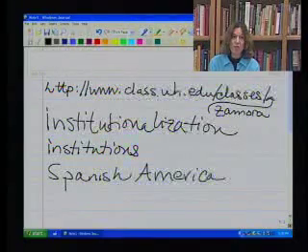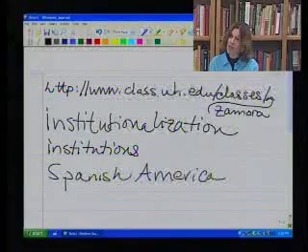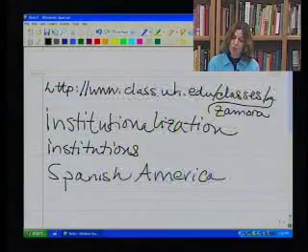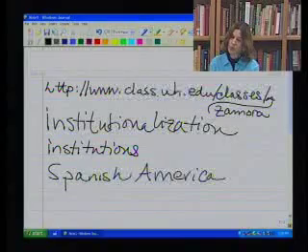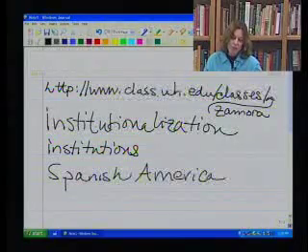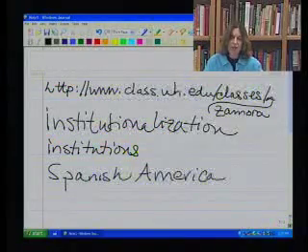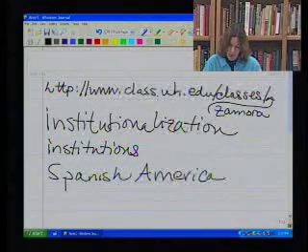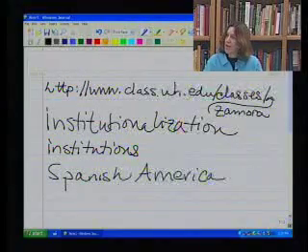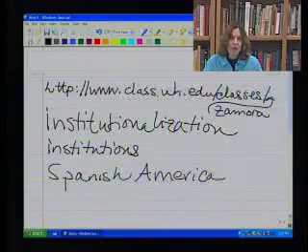Just as the church had a role to play in Spain in terms of converting the Islamic and Jewish populations, which was the emphasis in Spain at the end and after the end of the Reconquest, we talked about that in the last class, the church had a similar task in Spanish America.